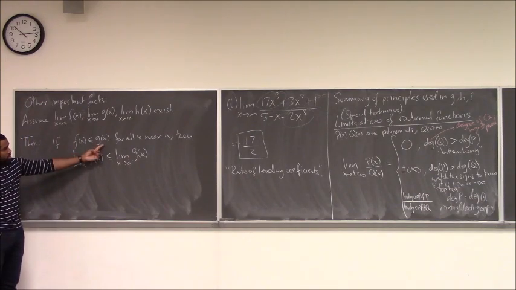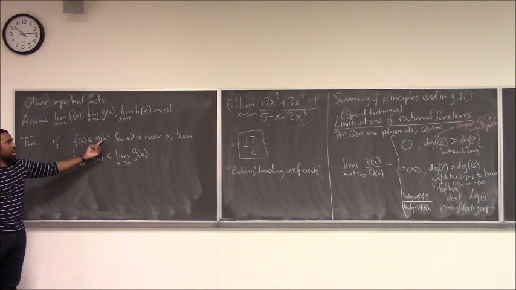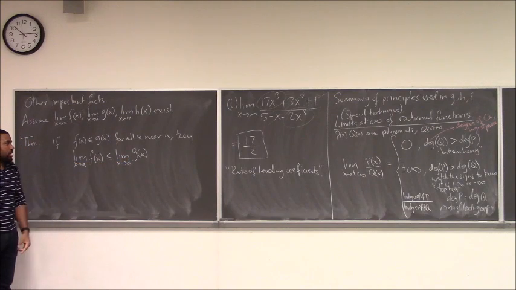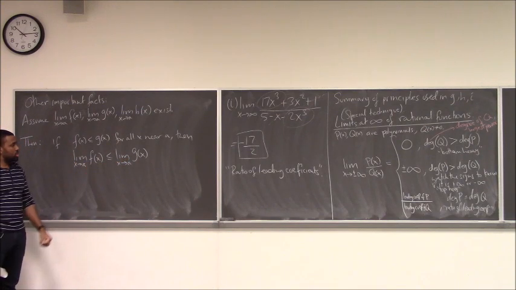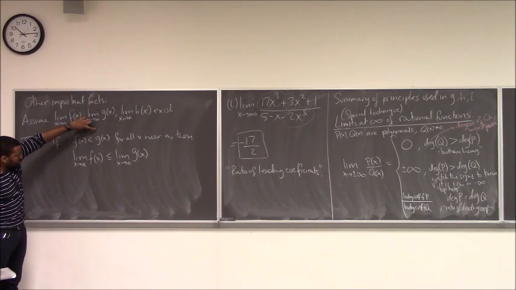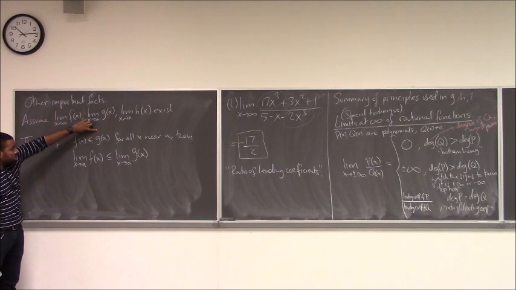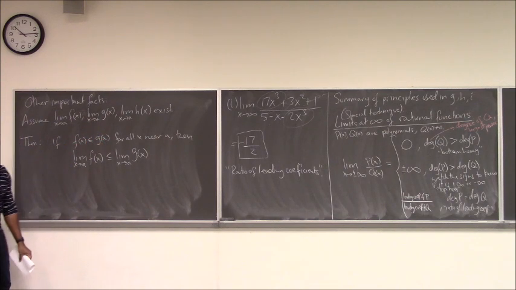So if the y values over here are always greater than or equal to the y values over here, then whatever those y values get close to as you get close to a will always be bigger than the y values that f gets close to as you get to a. So knowing an inequality relationship between two functions near some value where you're taking a limit, you automatically know the relationship between the limits. It follows exactly.